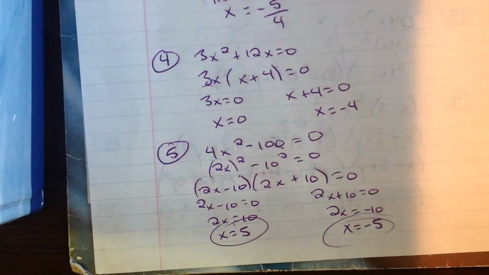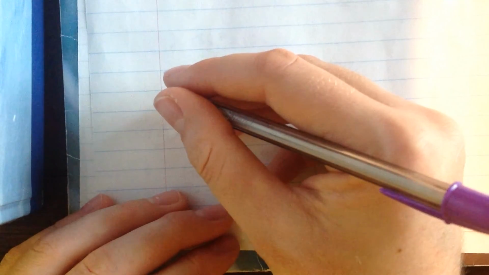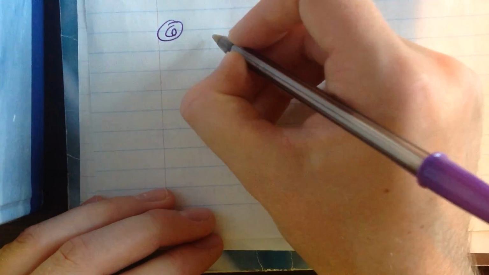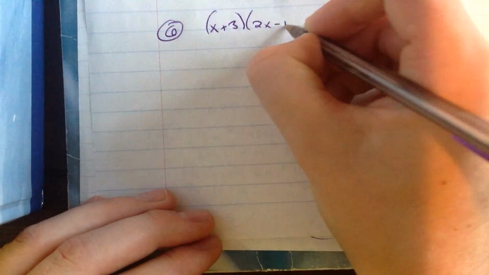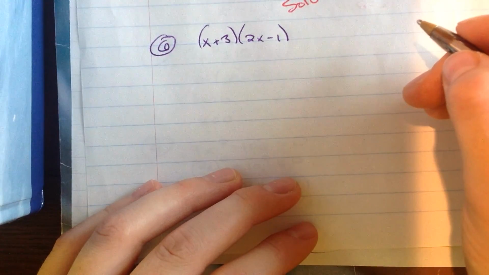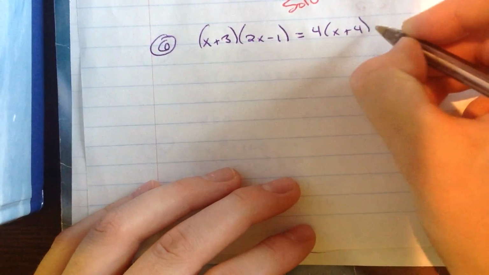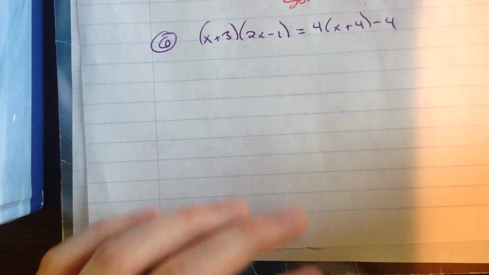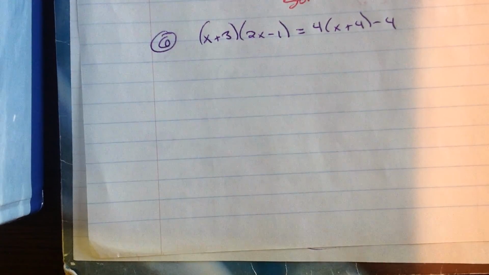Two more examples. So say, for example, that we have, this is example 6, x plus 3, 2x minus 1 equals 4x plus 4 minus 4. Well, first thing we have to do is get everything on the same side and together with its like pairs.